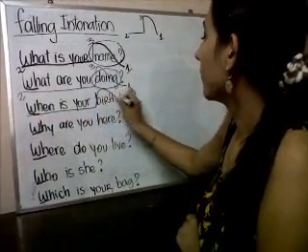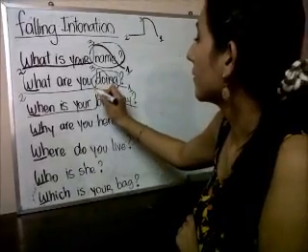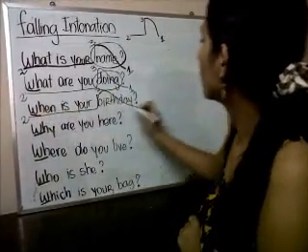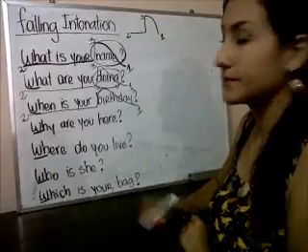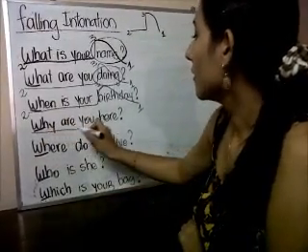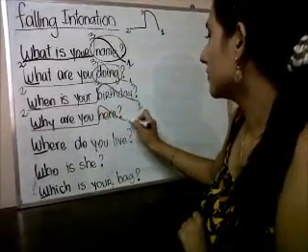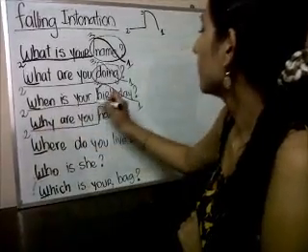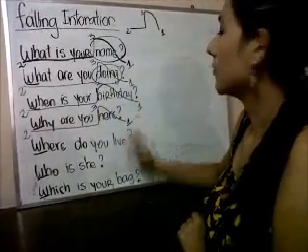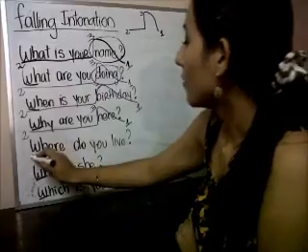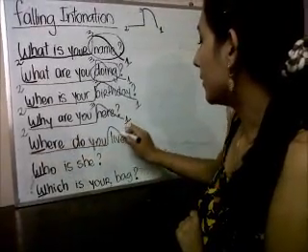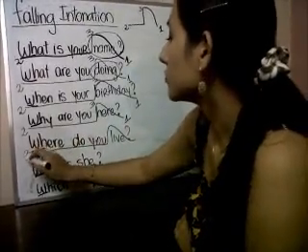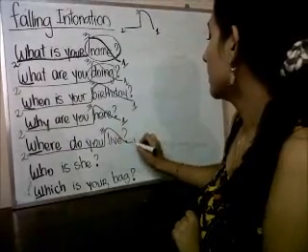When is your birthday? 2, 1. Why are you here? 2, 3, 1. Where do you live? 2, 3, 1.